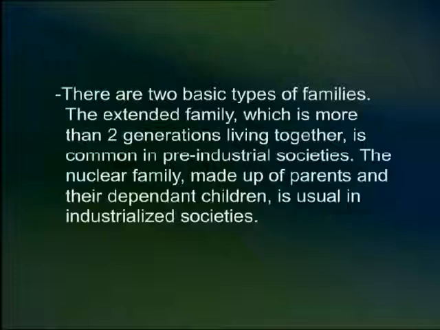There are 2 basic types of families, full stop, 1 sentence. The second one, the extended family, which is more than 2 generations living together, is common in pre-industrial societies. The third sentence, the nuclear family, made up of parents and their dependent children, is usual in industrialized societies.